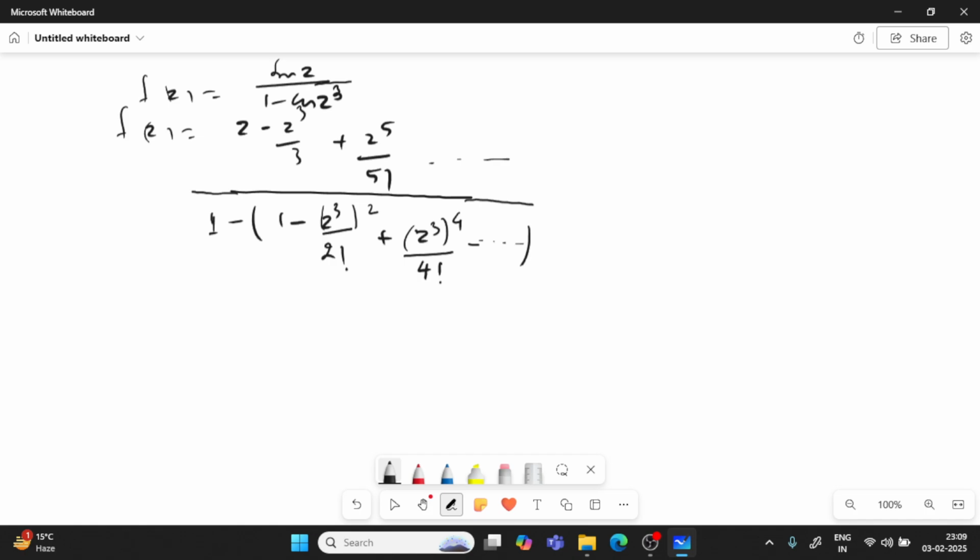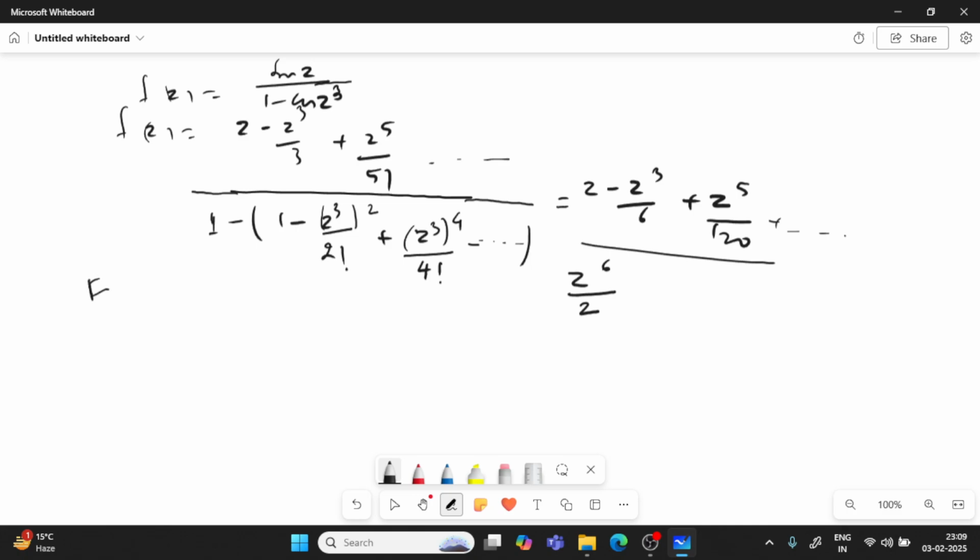So it can be written as z minus z cubed upon 6 plus z^5 upon 120 plus dot dot dot, divided by z^6 upon 2. We have nothing to do with any other terms appearing. We have to find the residue, and for that we need only the coefficient of 1 by z.